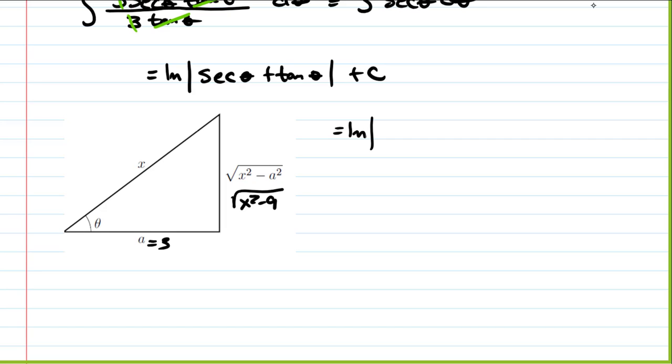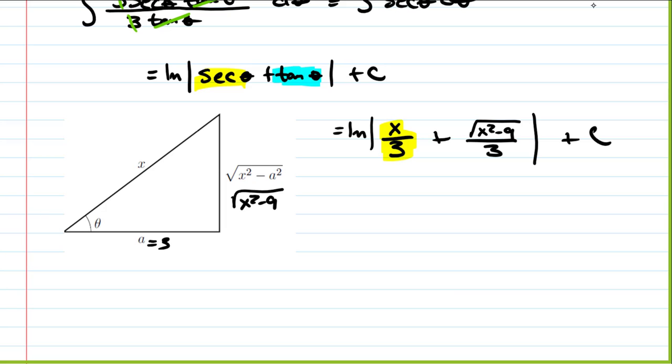Secant is 1 over cosine, the reciprocal of cosine. And what's cosine? Adjacent over hypotenuse, so secant is hypotenuse over adjacent, which gives us x over 3. Plus tangent, and tangent is opposite over adjacent. That's going to give us the square root of x squared minus 9, also over 3 from our triangle, and plus our arbitrary constant.